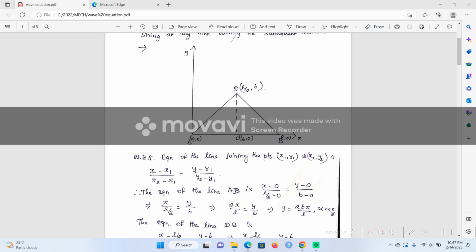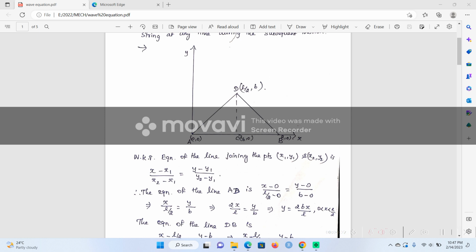And the midpoint of this string AB is taken as C, and therefore this AC distance will be L by 2, and it is given that this midpoint of our string is displaced by a distance b.